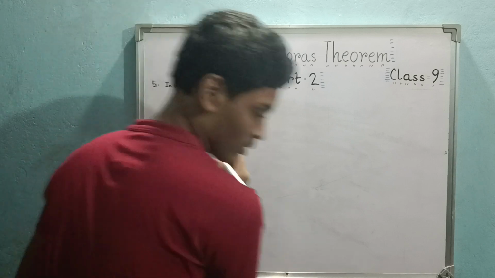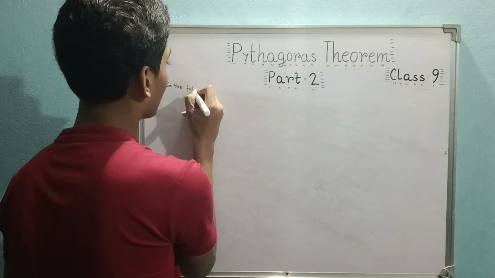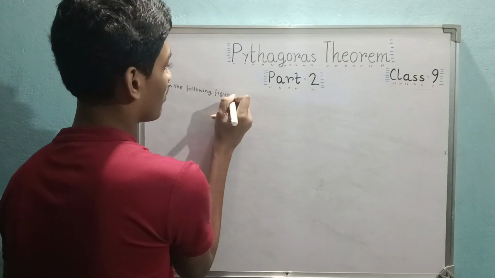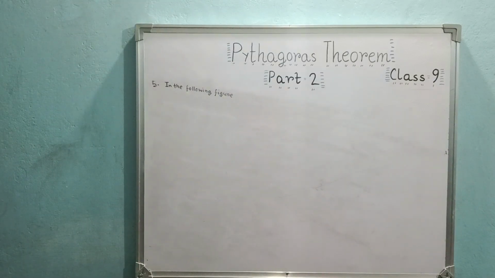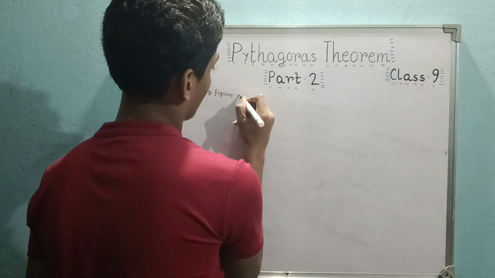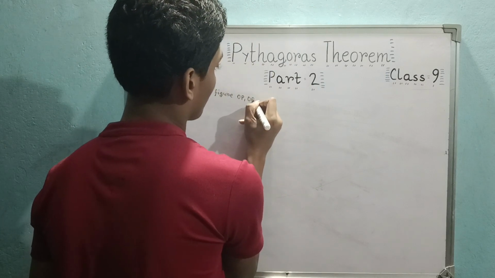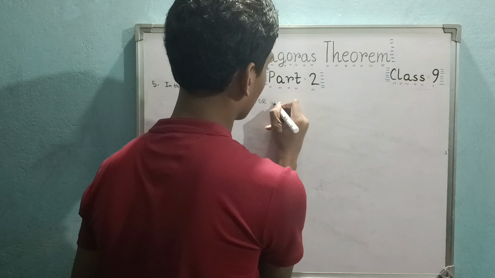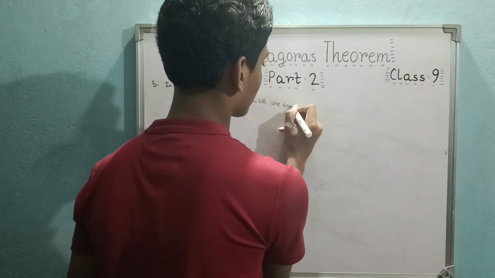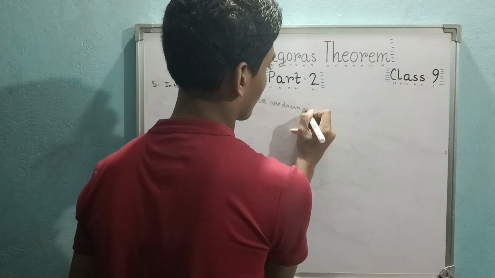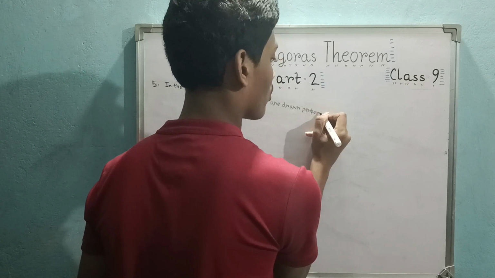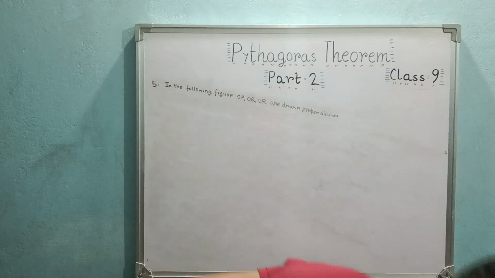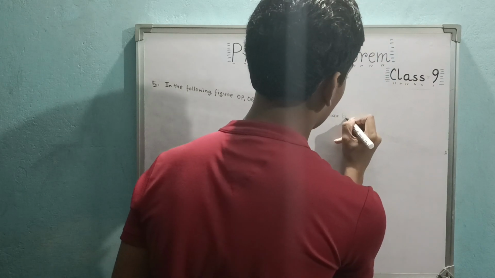In the following figure, OP, OQ, OR are drawn perpendicular to sides BC, CA, AB respectively.